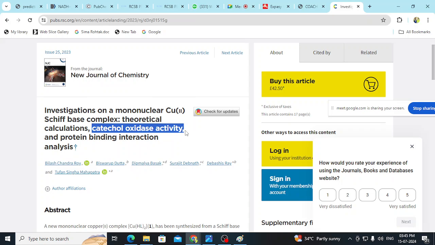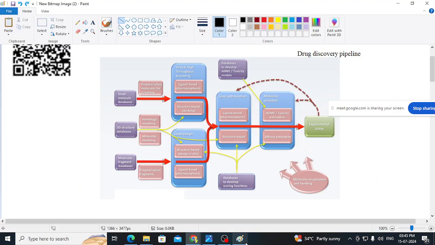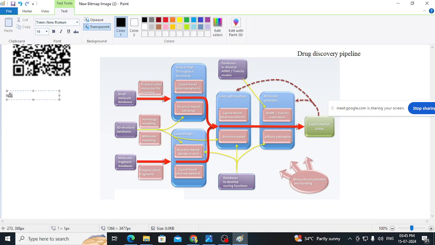So this is one thing. Since it has an oxidase activity, we can eventually use this particular combination of architecture for multiple different reasons. As I have already given you examples, we can even put it in diagnostic kits. Then we can even put it to act like a redox drug.